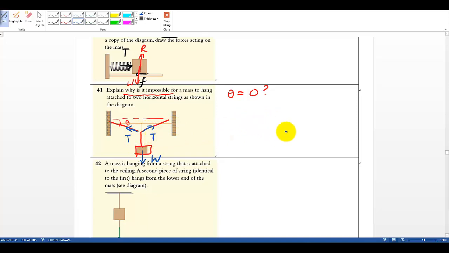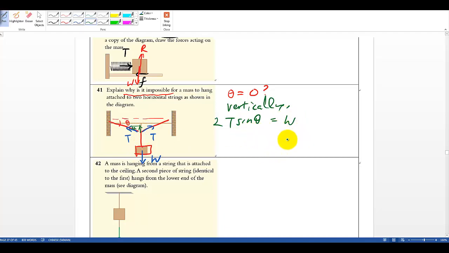Vertically, if you decompose the tension using the angle, with T and this angle theta, the vertical component should be T sine theta. We have two strings, so in total you put T sine theta plus T sine theta, or simply times 2, and these will be the upward force that balances the weight.